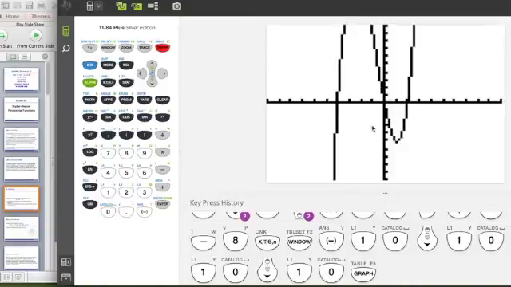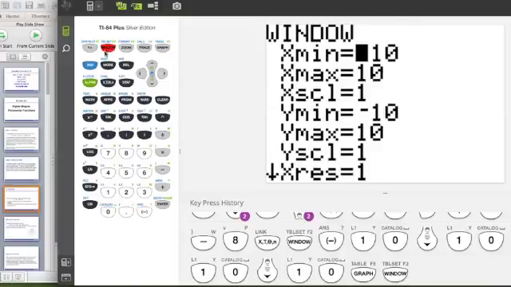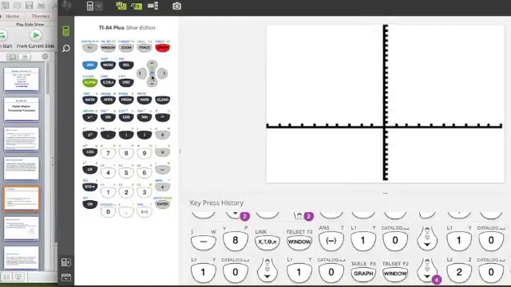For this graph, we can only see one of the turning points. There's another one up there, but we can only see one of them. So we need to extend our window. What needs to be higher on our window is the y maximum. Let's try 20 and see if that works. It does.